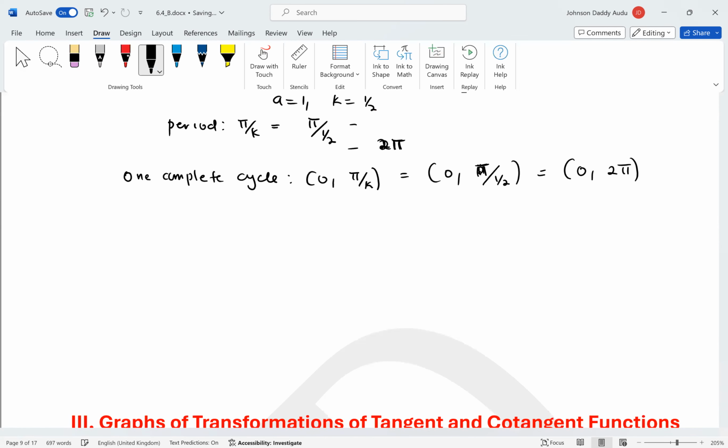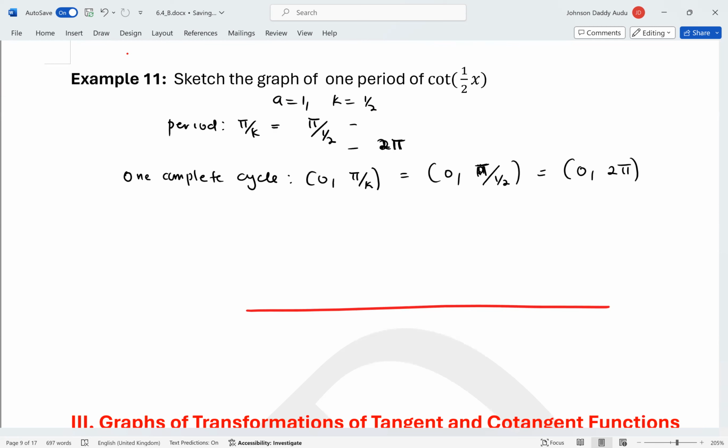It means that the graph will be from, we can start from 0, and then 2 pi. So that is also to say that we have vertical asymptotes at the endpoints, 0 and 2 pi. Then the middle here is going to be just pi. And here will be pi over 2. And here will be 3 pi over 2.